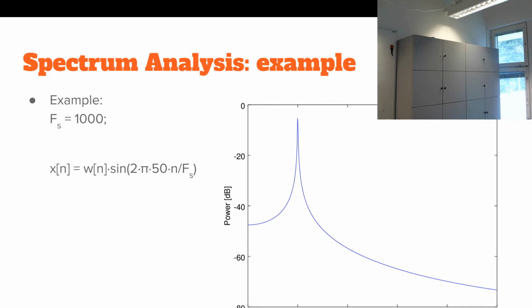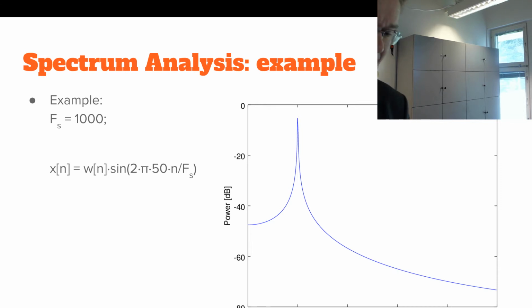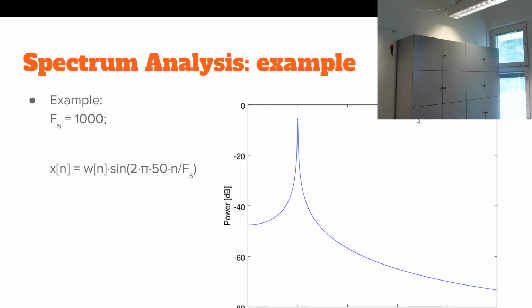So actually that peak is closer to 51 hertz than 50. Wait a minute. No, it is quite close. The highest point is at 49.8 hertz, not 50, because that point is missing.